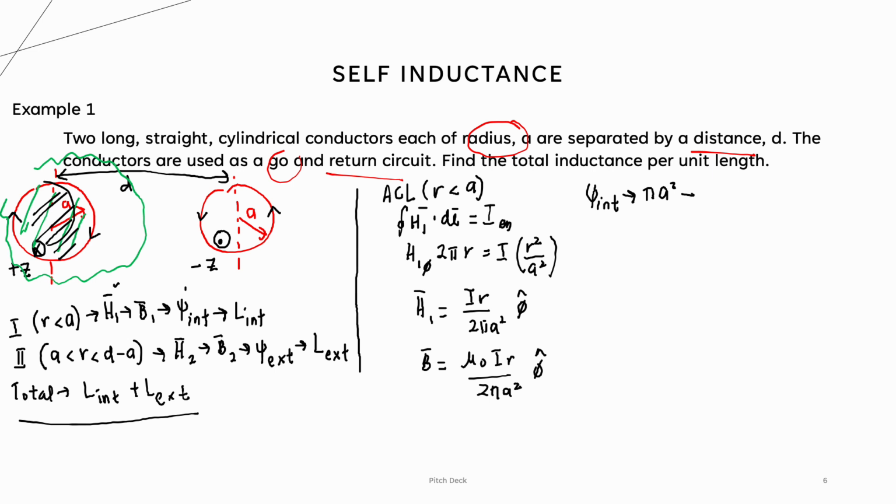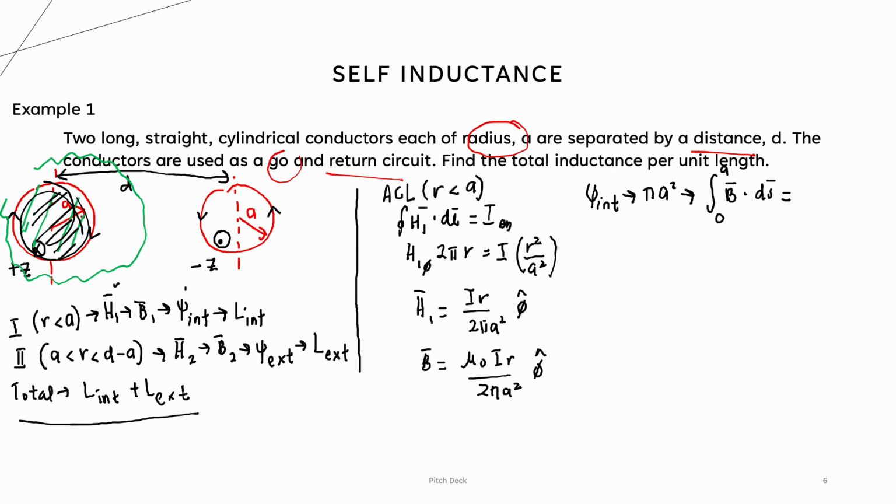With pi a squared, we can determine the total flux at the internal by using B dot ds, where the limit will be from 0 until a. So this is the value of the flux that will be produced inside this conductor.